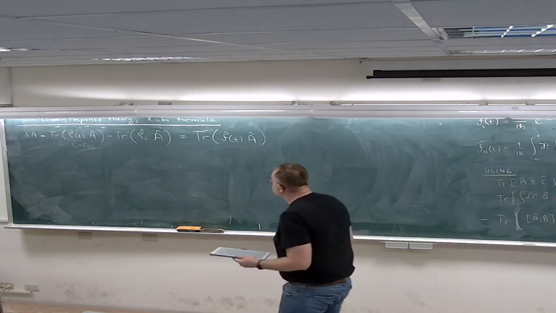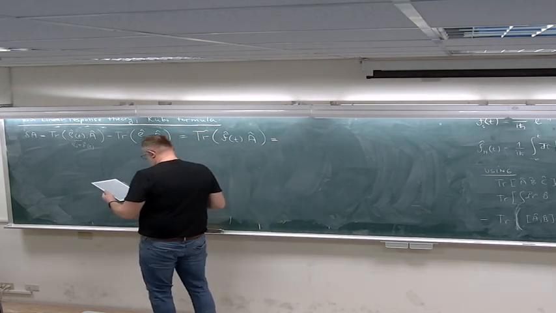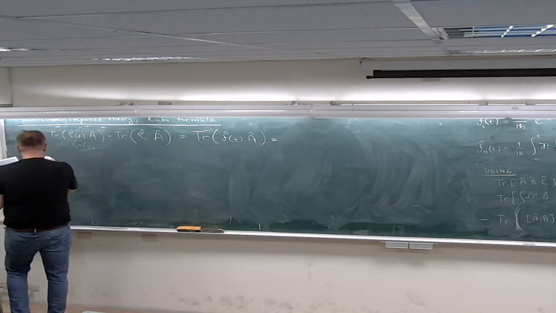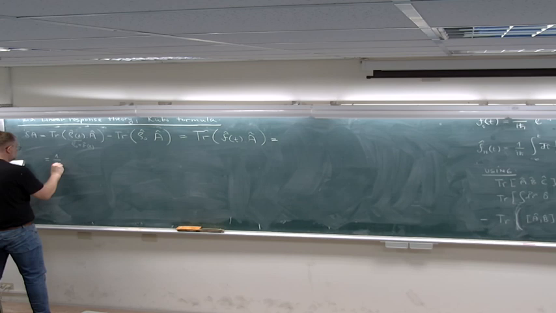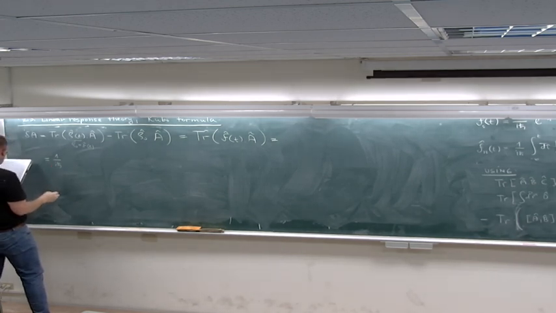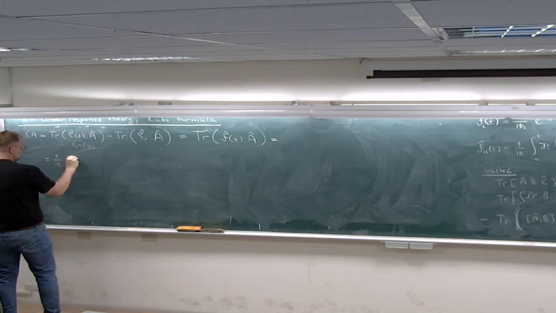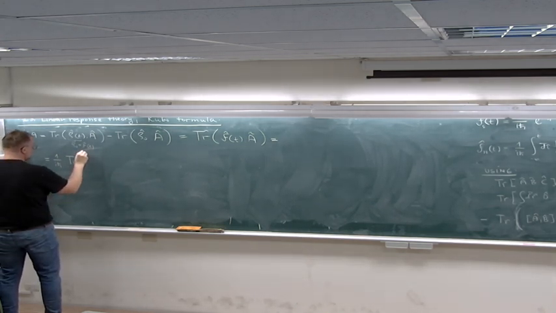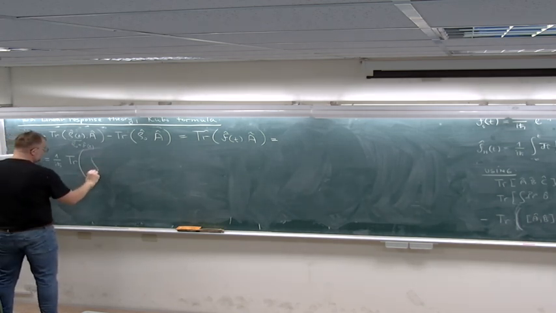So what we need to do now is that I have this 1 over h, right? Then I have the trace, this trace. And now I have this bracket, and I have this integral.